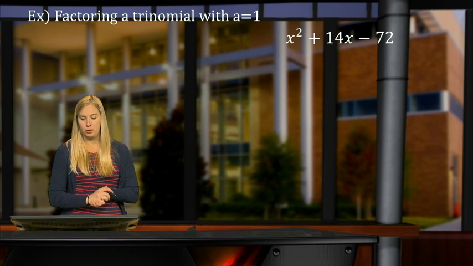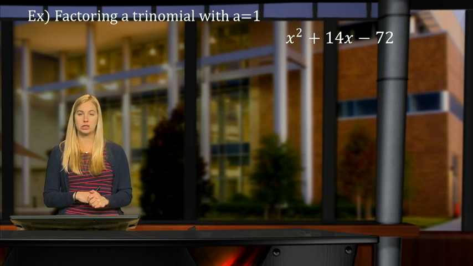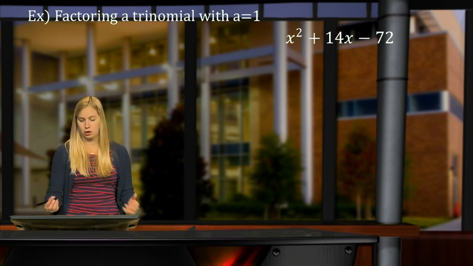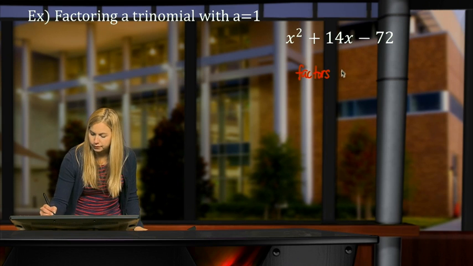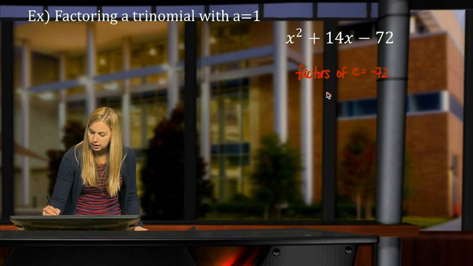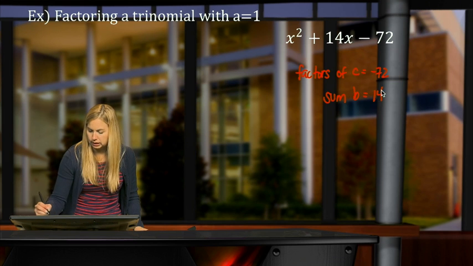Let's look at some examples of trinomials where the lead coefficient is 1. X squared plus 14x minus 72. Many of us remember that in order to factor this, we're looking for factors of c, which in this case is negative 72, that sum to b, which is 14.